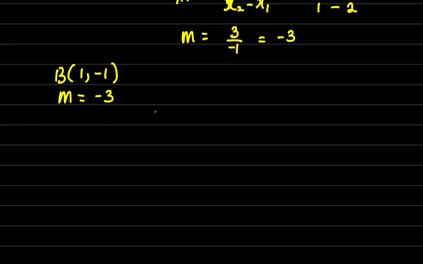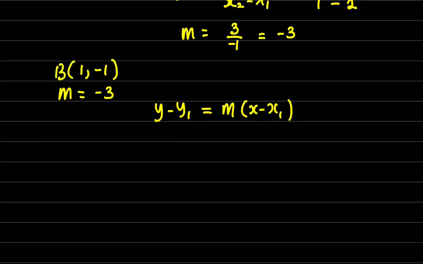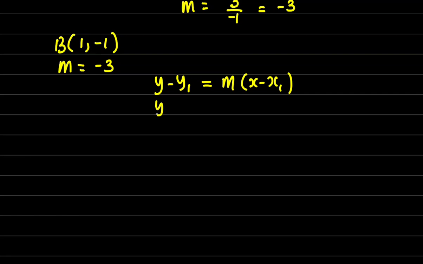So we are going to use the formula y - y1 is equal to m into (x - x1). So you have y, then minus -1, is equal to m, which is -3, into (x - 1).